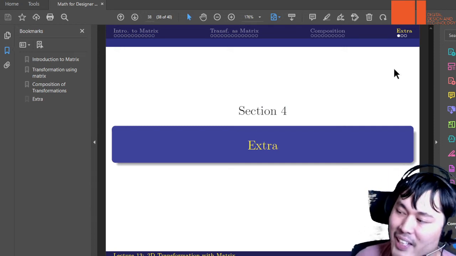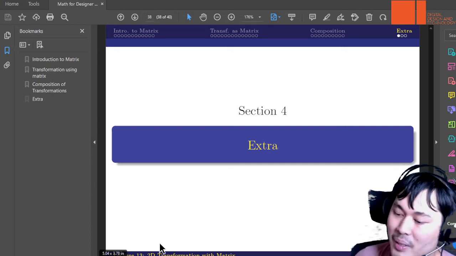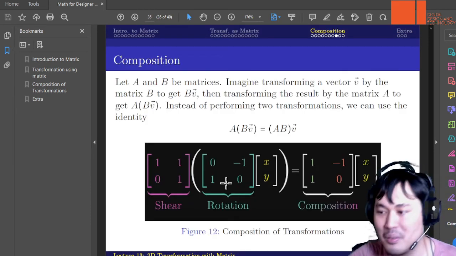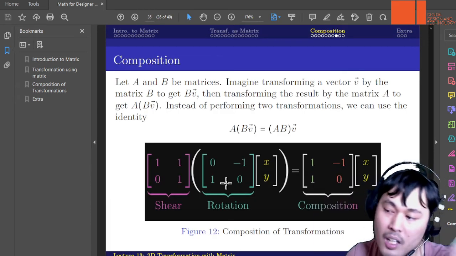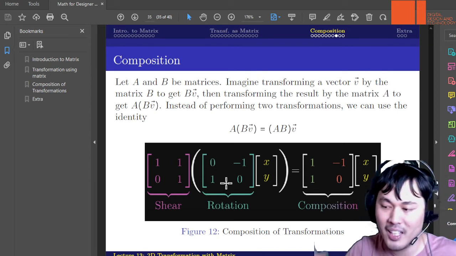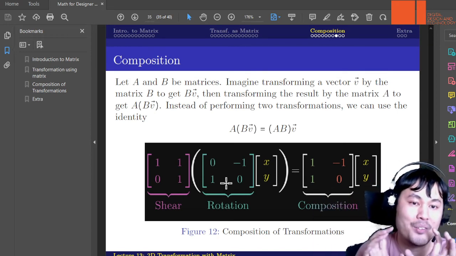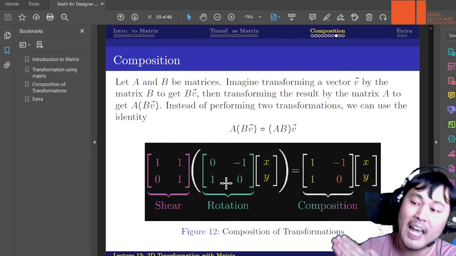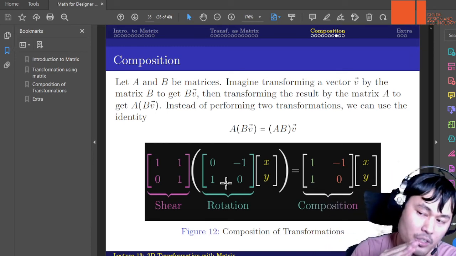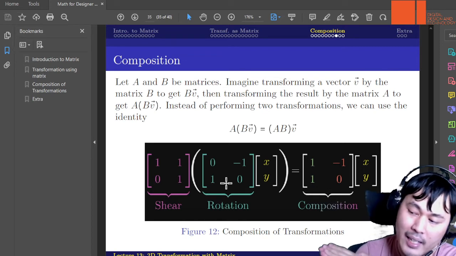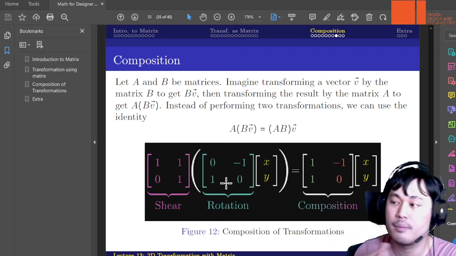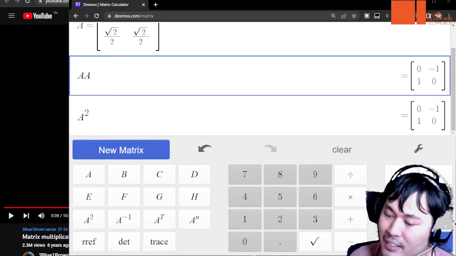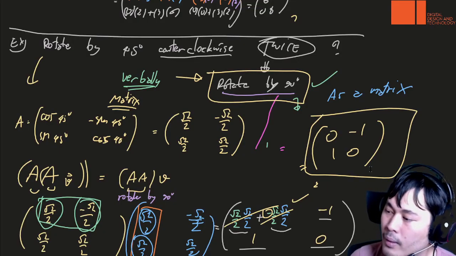It's kind of interesting here because when we rotate twice, or we have a composition of rotations, we can simply add the angles together, right? If you rotate by 30 degrees and then 60 degrees, that should give you the same result as rotating by 90 degrees once. So that's what we would expect, right?